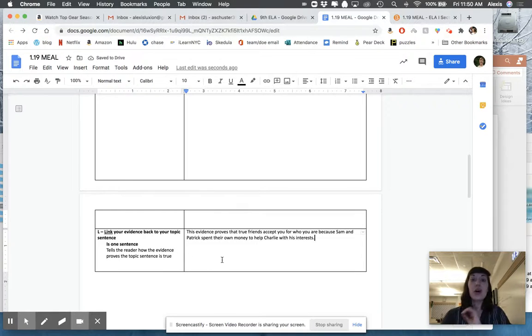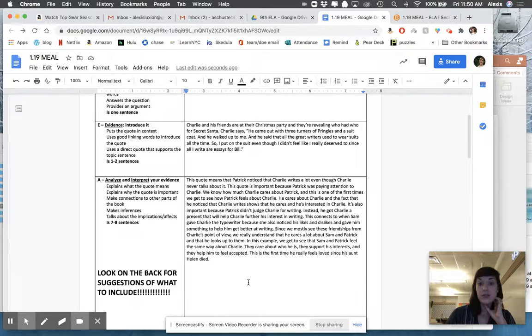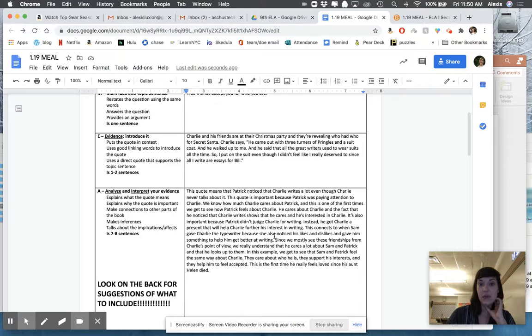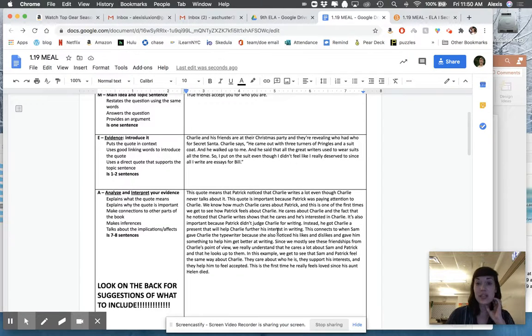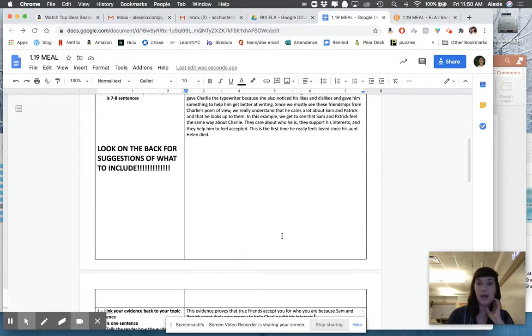Okay, so I want to make one last thing really clear. You see how much is in, especially in these two sections, the E and the A, you see how much? That is the expectation that we have for you. If you hand me a paragraph with one sentence in the M, one sentence in the E, one in the A, and one in the L, that's going to get you like an 8 out of 20.